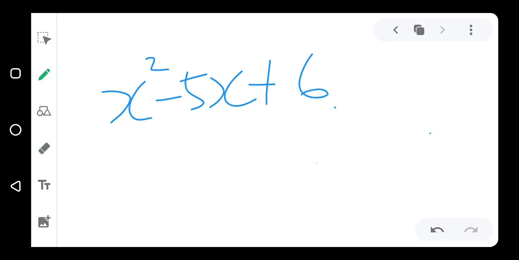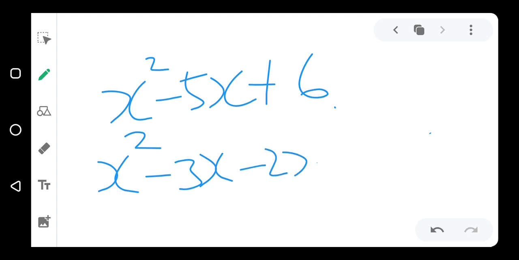So we use the factors we've gotten to replace this 5x, like we do when we are solving quadratic equations using the factorization method. So we have x raised to the power 2 minus 3x minus 2x plus 6.